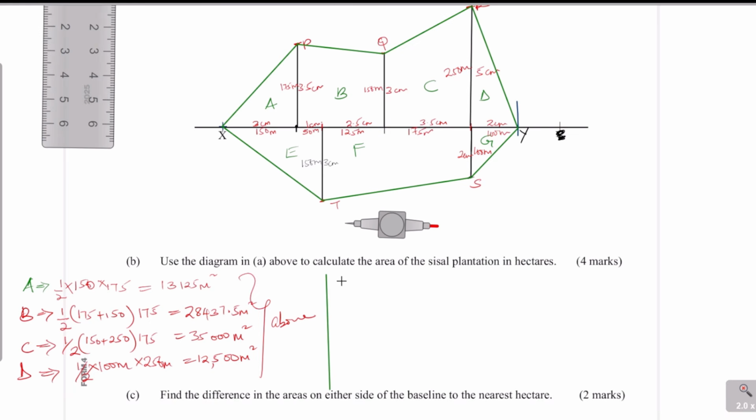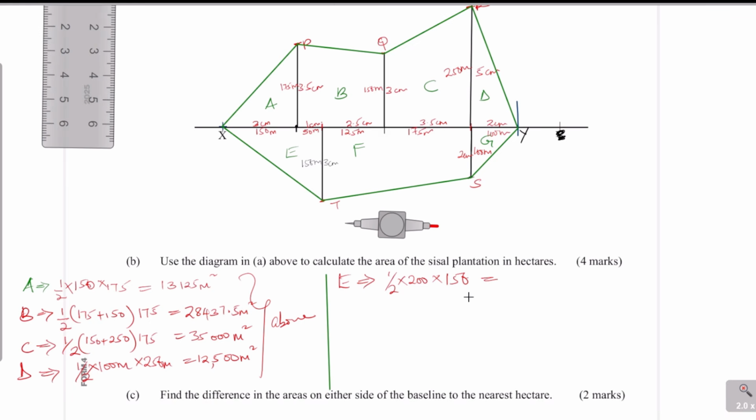So the ones that are below, we have E. E is a triangle still. So this one will be half multiplied by the base. The base is 150 plus 50, that is 200 meters, times the height, which is 150. Let me confirm something here.